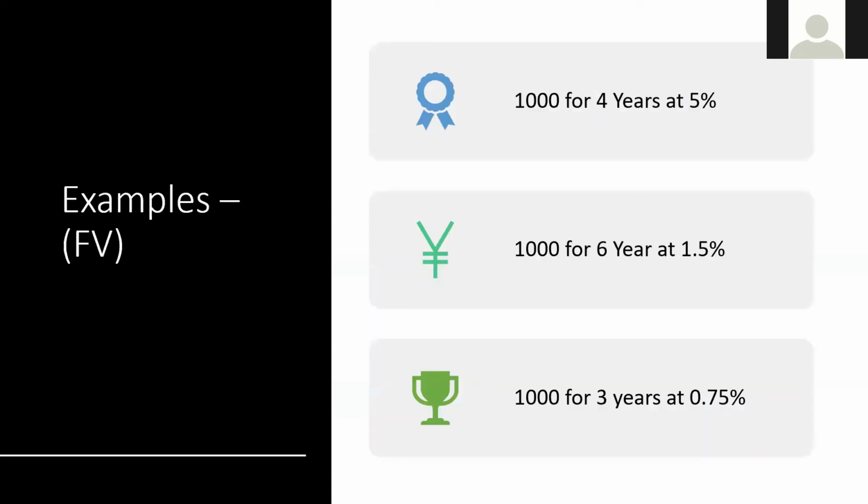Okay, good. All right. Now let me ask you to try. I know you're having an idea. So let's do number 2. 1,000 for 6 years at 1.5%. Let me see how you go with that one. 6 years at 1.5%.